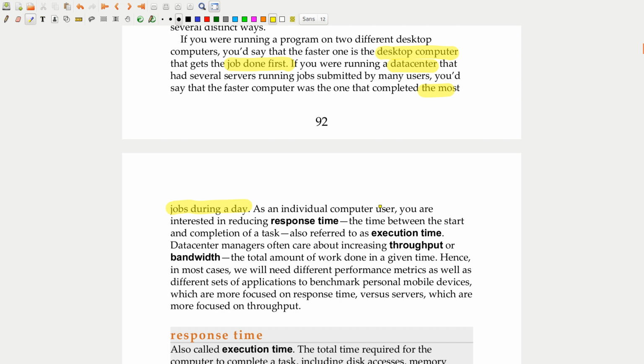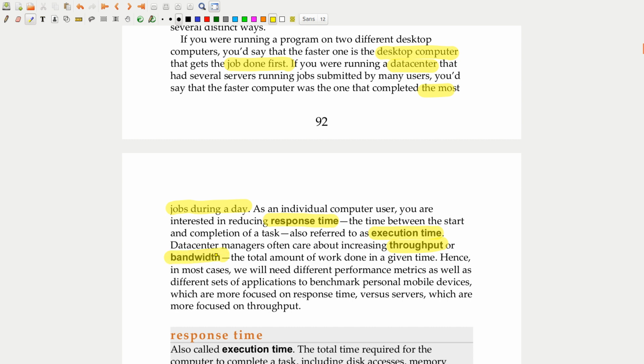So as an individual computer user, you are interested in reducing response time. And this is something that regular CPUs are optimized for. They're optimized for response time, also referred to as execution time. Data center managers often care about increasing throughput or bandwidth.